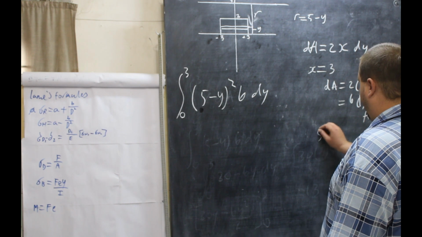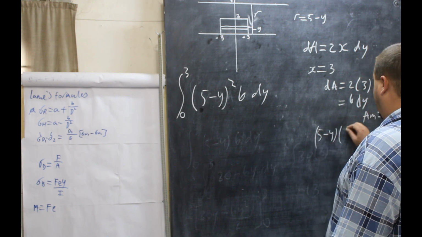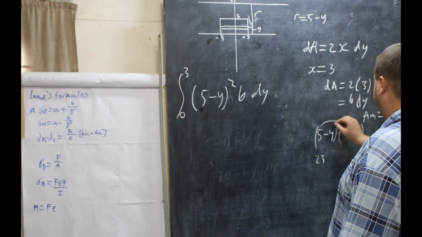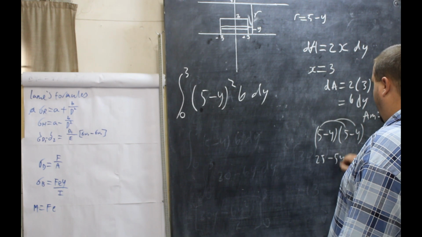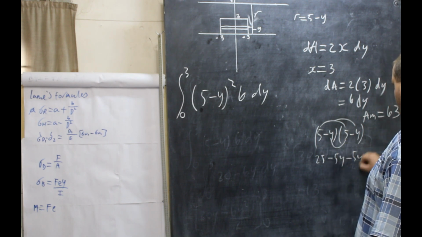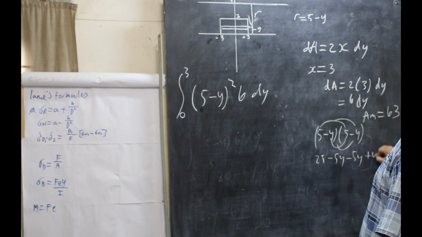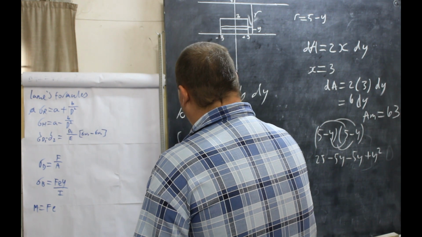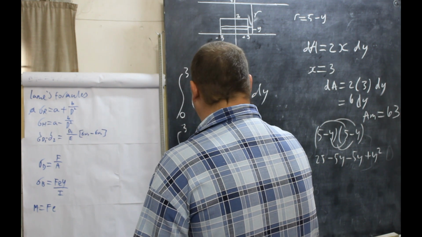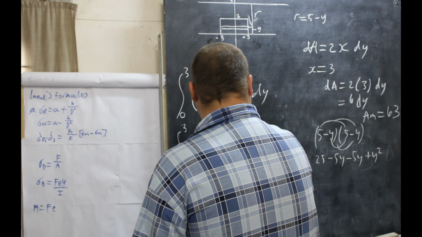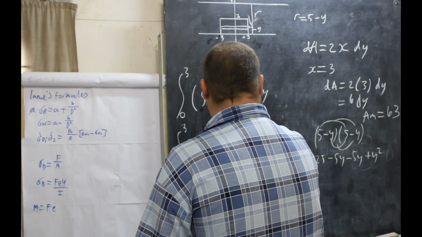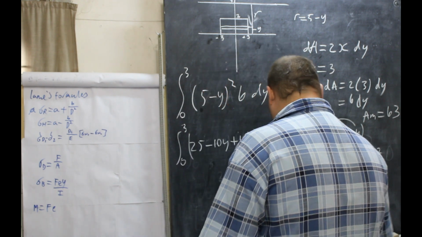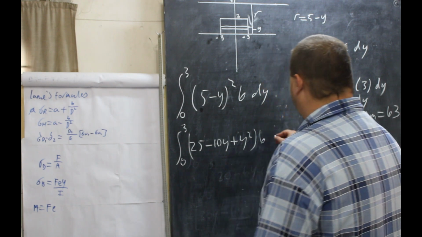So 5 minus y times 5 minus y. 5 times 5 is 25, minus 5y minus 5y. Y times y is plus y squared. So in all we have the integral from 3 to 0 of 25 minus 10y plus y squared, all times 6 dy.